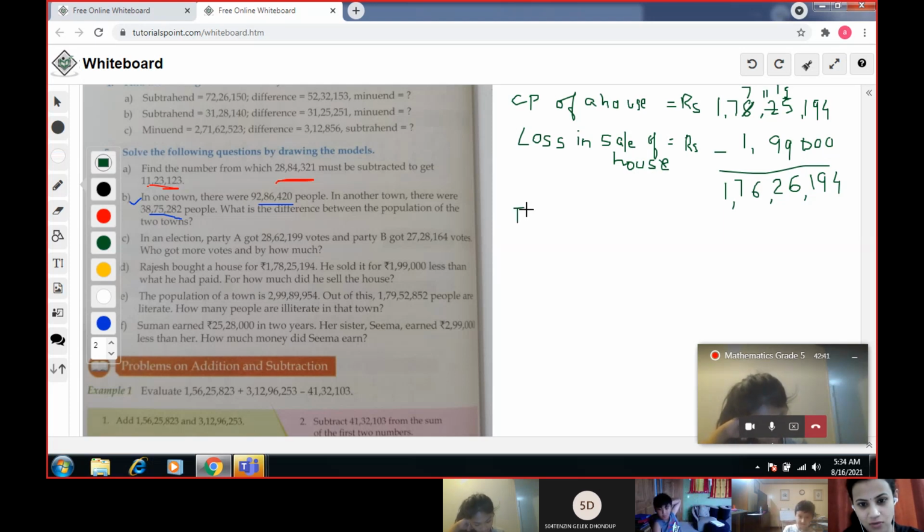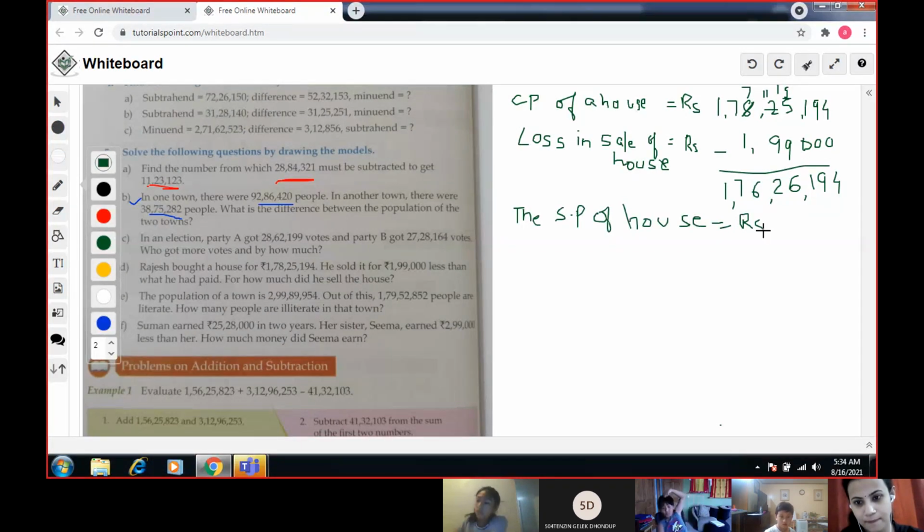So the selling price of the house, you will write, equals to rupees 1 crore 76 lakh 26,190.